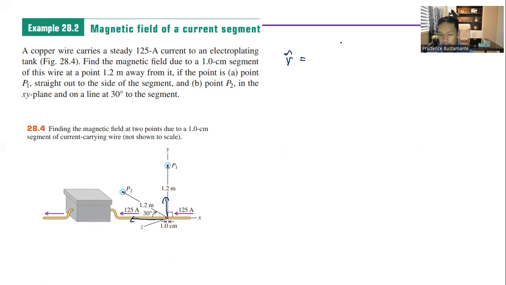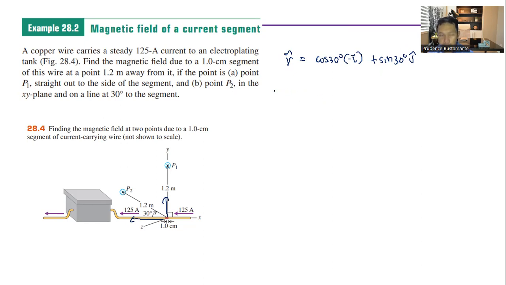So this one is the adjacent. So we have cosine 30 degrees negative i hat plus sine 30 degrees j hat. So this is actually the answer.